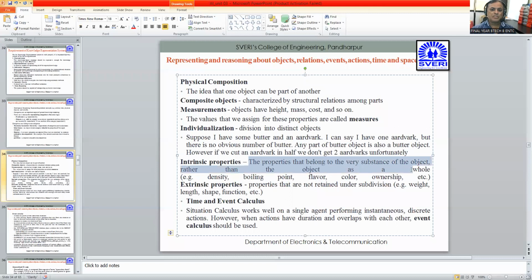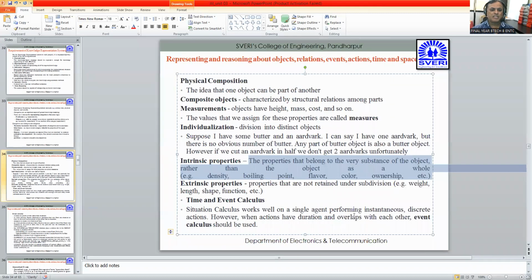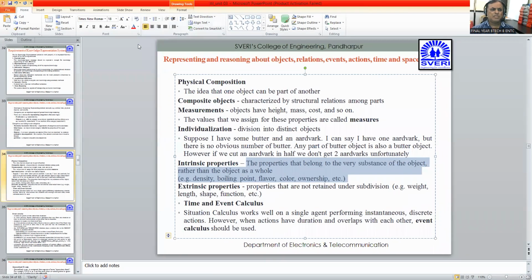So you might have also seen intrinsic and extrinsic properties. For example, intrinsic and extrinsic types of semiconductor you might have seen. So what was that, intrinsic and extrinsic semiconductors? Intrinsic is a pure one, and when something is added into it, it is called an extrinsic, that is, the impure.